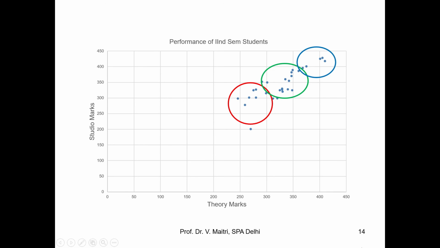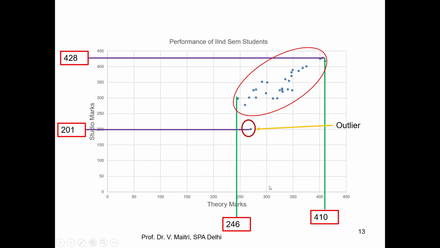So accordingly the teacher can check the performance of the student as well as take a serious decision about the student's activities as well as his course content. And just see, we are talking about the outlier, whose studio marks are less.